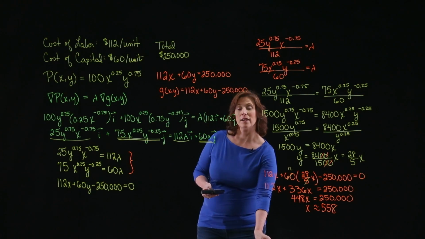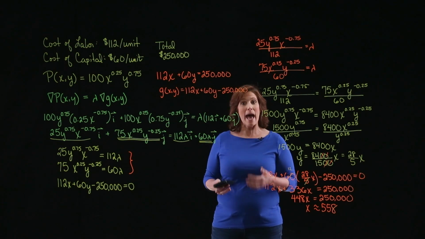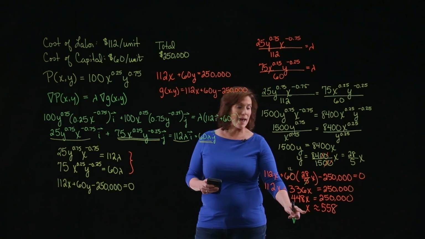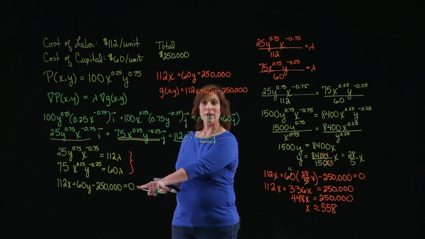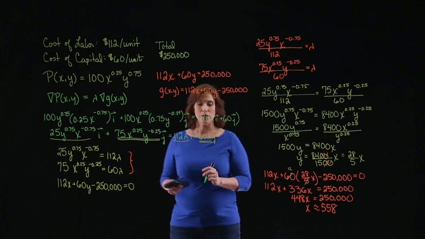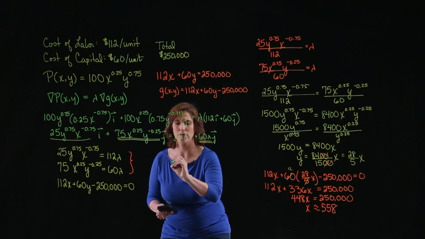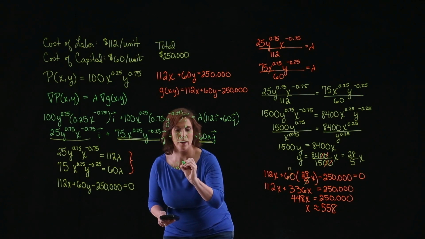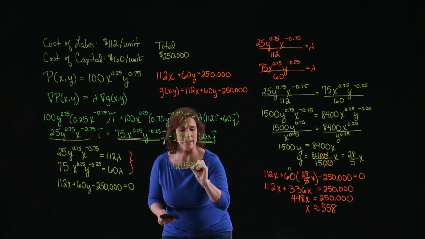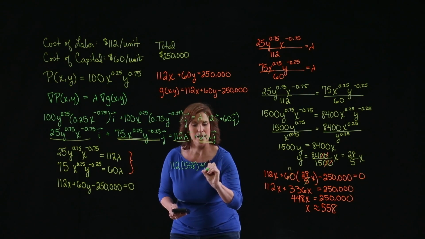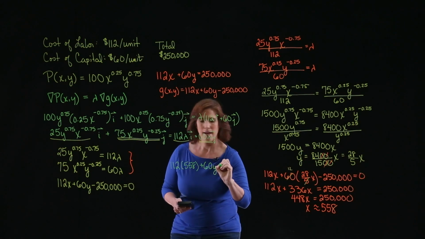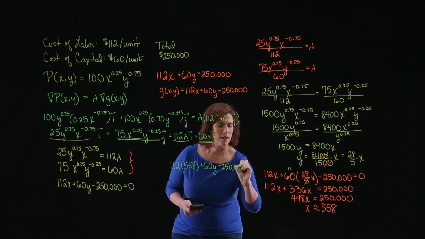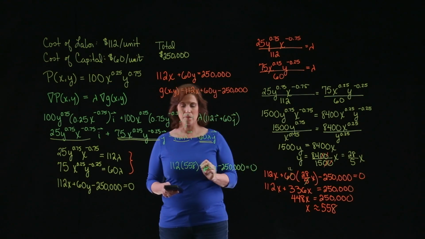Next, I have to figure out how many units of capital I need. Well, I can do that by plugging my x value into that third equation to calculate y. So that tells me that I have 112 times x, which I now know is 558. I'm going to add 60y, subtract 250,000, and that should equal 0.